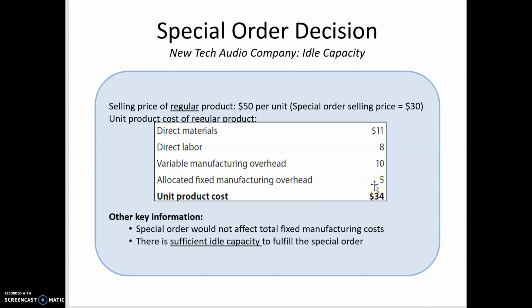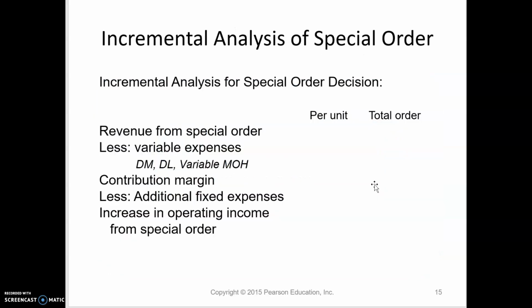So we do not factor in the fixed manufacturing overhead costs because we have the excess capacity and will incur those costs either way. That's what we know about fixed costs. They don't change when volume changes. So if we make more of these units, we're not going to incur more fixed manufacturing overhead costs. So this is what incremental analysis looks like.